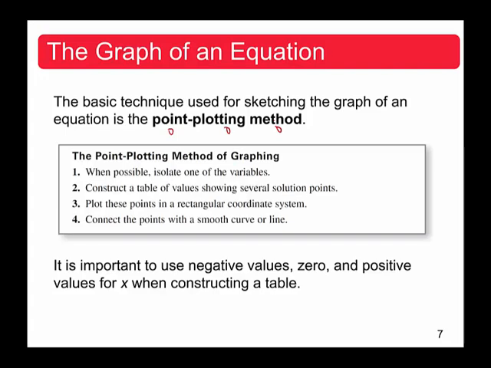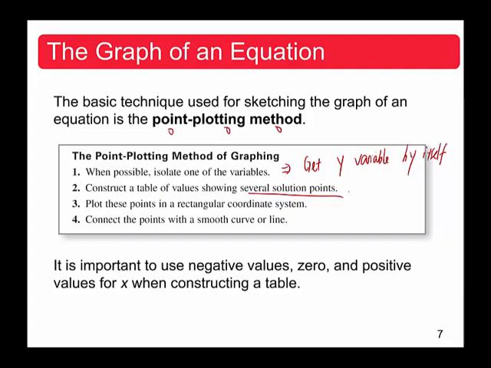First of all, if possible, isolate one of the variables. You can also say get y by itself, get the y variable by itself. That's how we isolate one of the variables, and then construct a table of values showing several solution points. So basically, you come up with several ordered pairs from the equation.